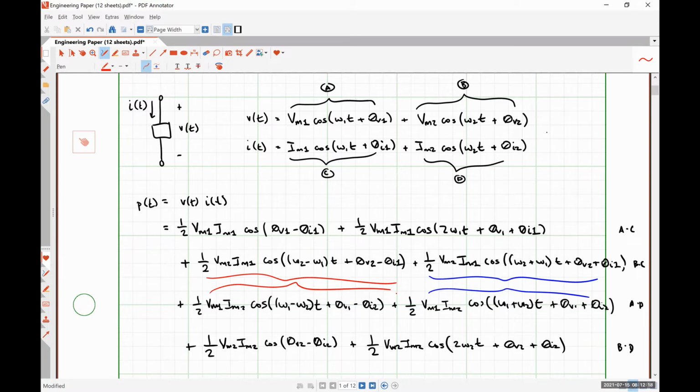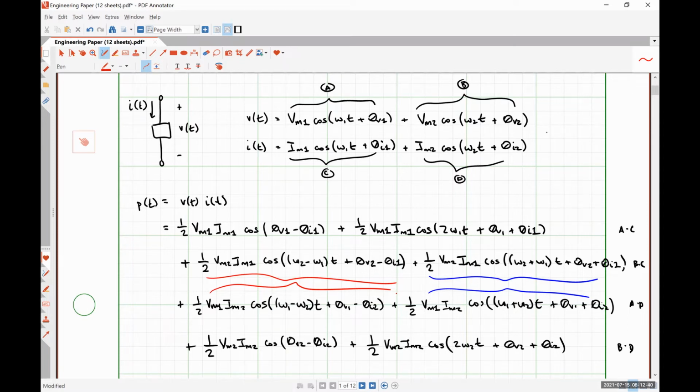So we could, if we were so inclined, lump all of those guys together. We're not going to bother going through that. I just want to show you that this instantaneous power analysis for multi-frequency circuits becomes very, very difficult very quickly.